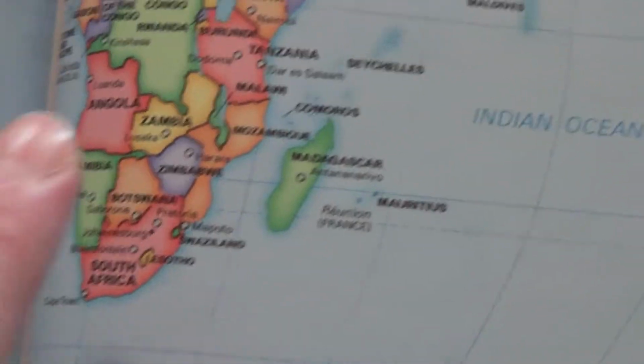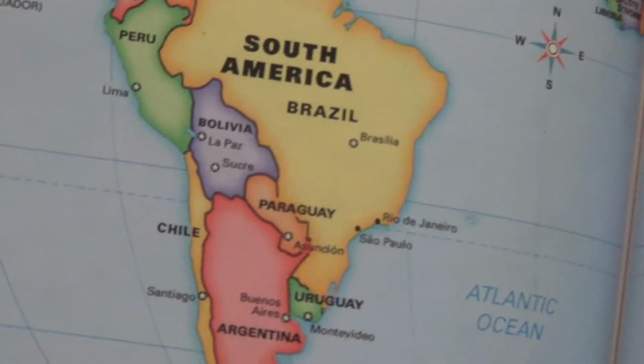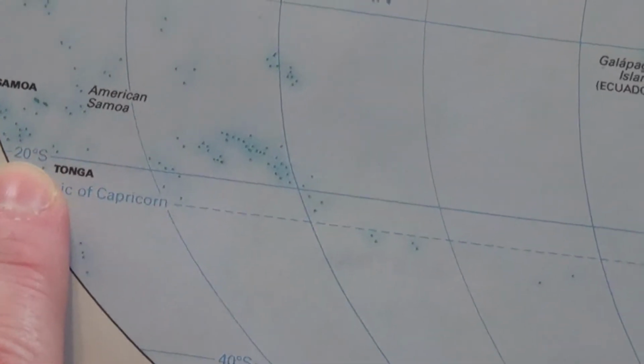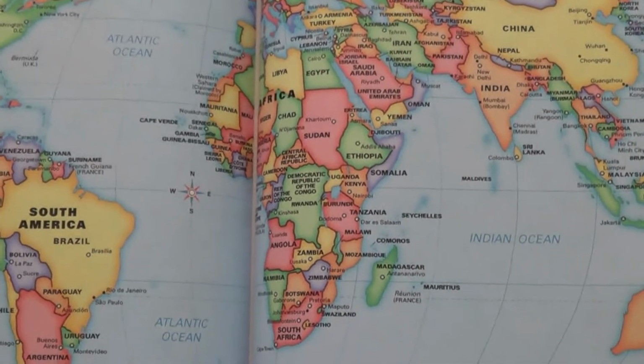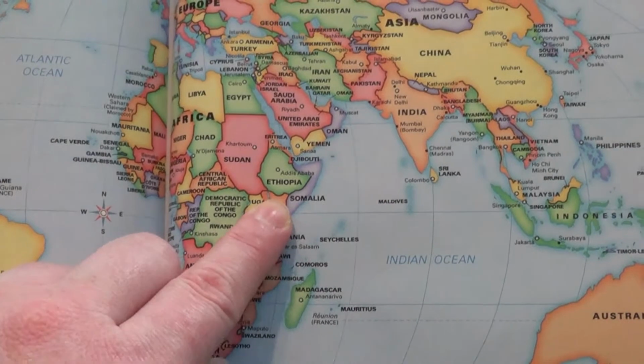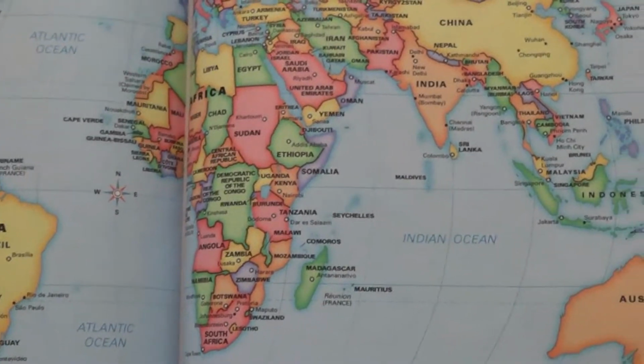Maybe instead of going that way, you went this way. That is totally fine. Same line, same name. And there it is, 20 south. Either way, that means that Madagascar, there's the equator, is 20 degrees south of the equator.